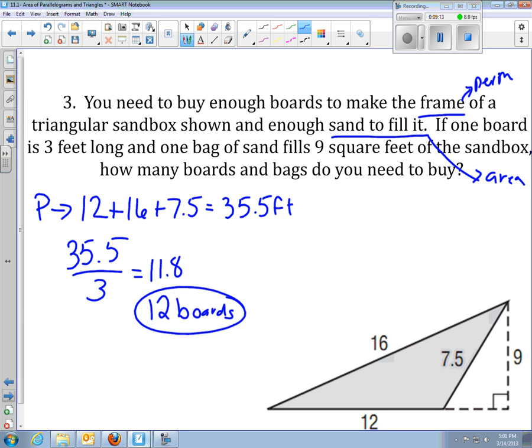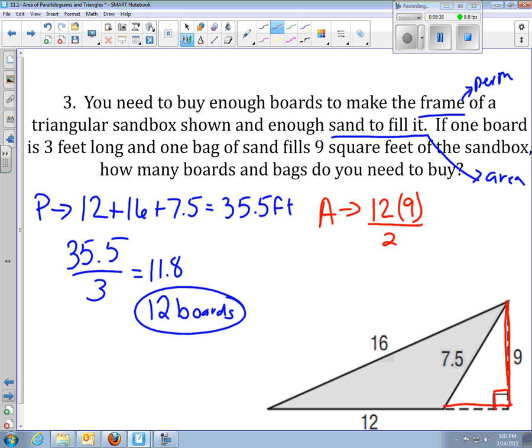All right, so we have half our problem figured out here. Now we need to figure out how many bags of sand we need to fill it, so area. Remember, our area formula for a triangle is base times height, divided by 2. Base we're going to call 12, and our height is going to be 9, because remember, height is where it makes that 90-degree angle with the base.